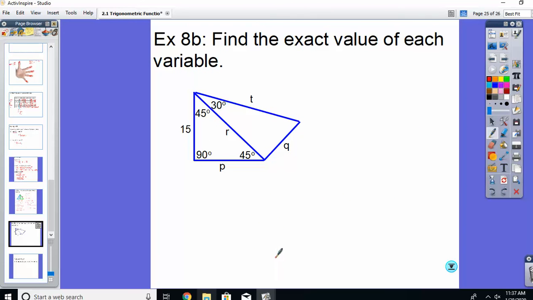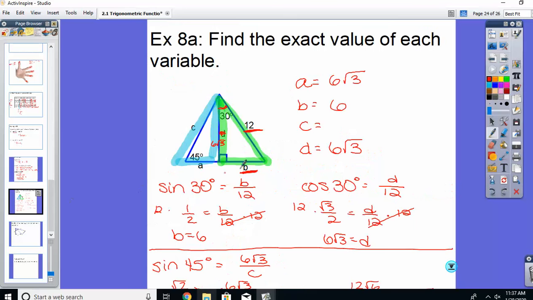How did you get A? I knew that my triangle was isosceles because these two angles were both 45. So if those angles are equal, then the sides touching them have to be equal.